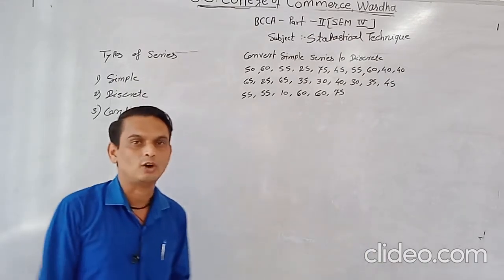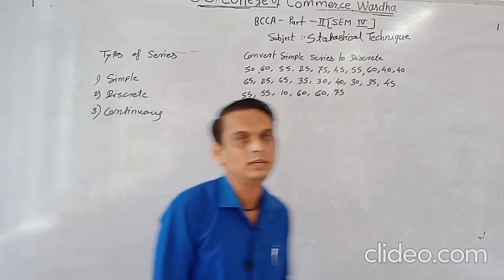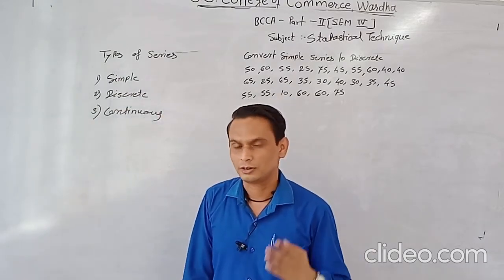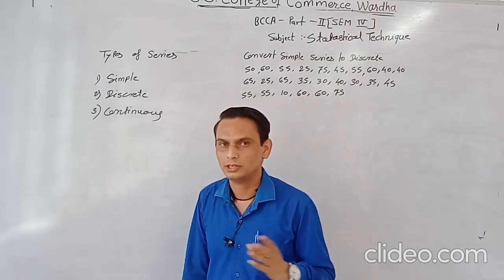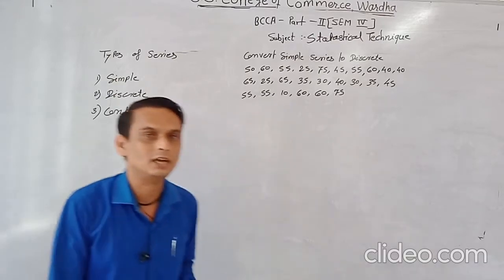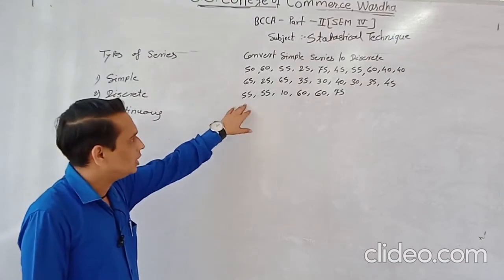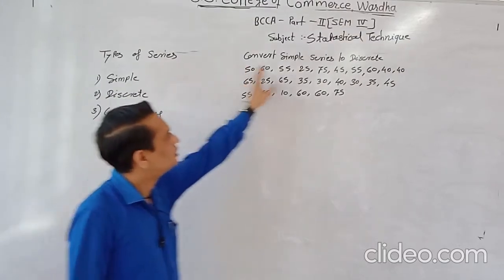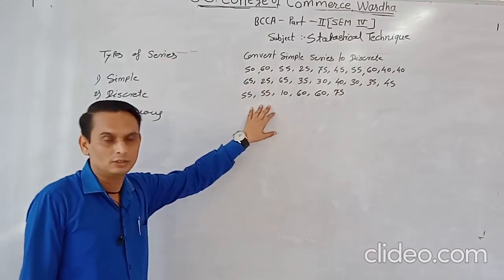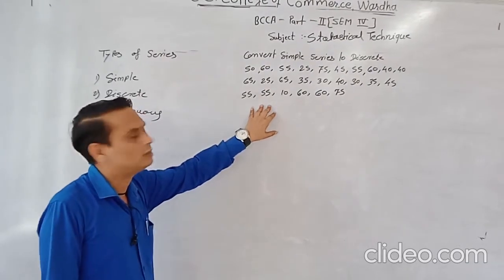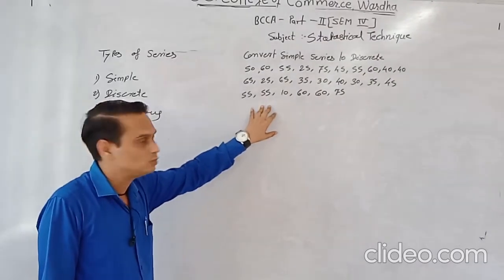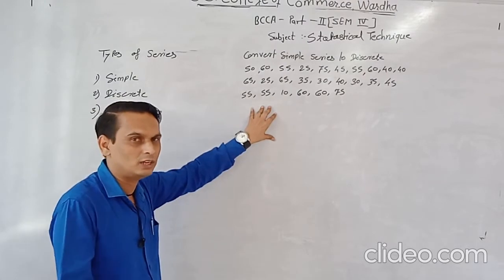When the data and observations are available in the form of random values, that series is called a simple series. Just like on the board, we have different values available in sequential or random order, as marks or values or prices.